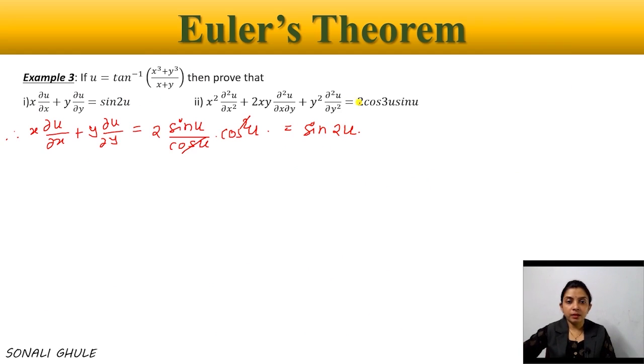Okay? Now, by the second order relation for f of u homogeneous, what do we have? We have by Euler's theorem, when f of u is homogeneous, the value for the second order relation, what is it?